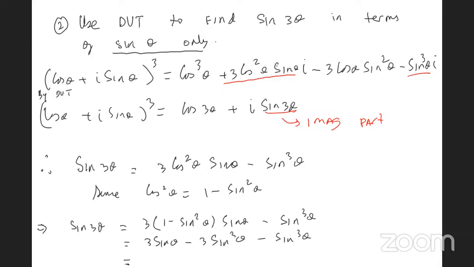So that will be 3 sine theta minus 4 sine cubed theta.